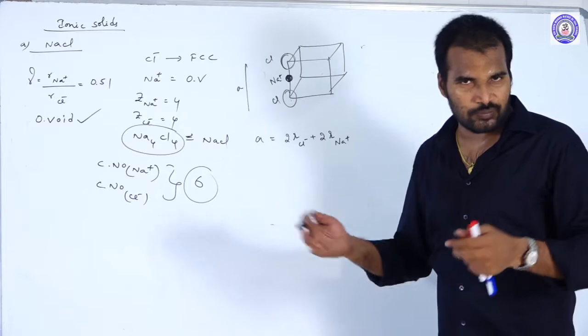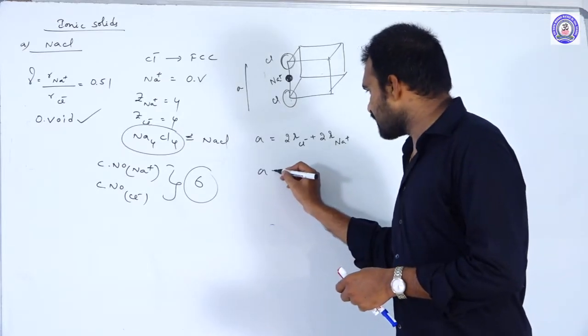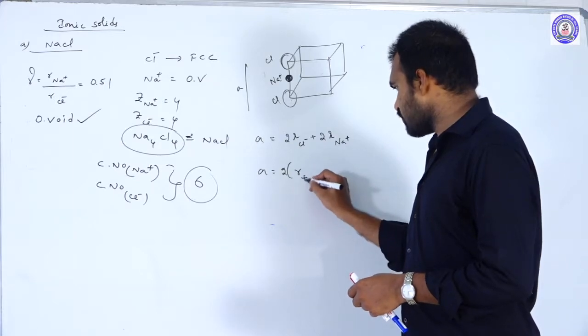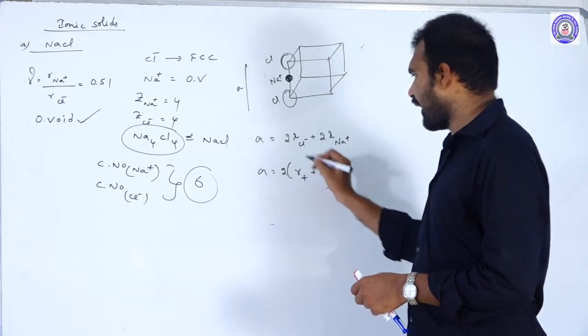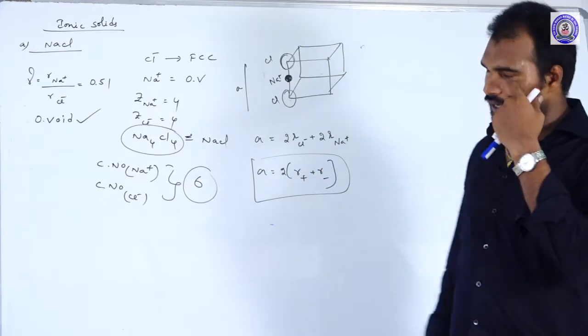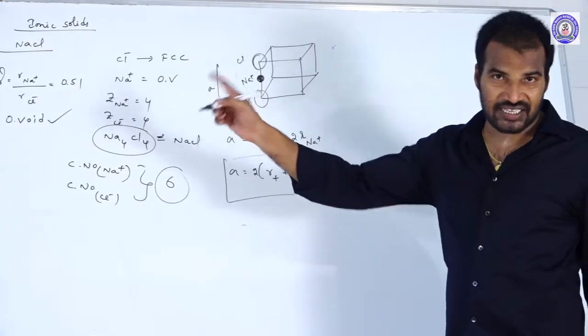So from this you can write: edge length a is equal to 2 times the radius of cation plus the radius of anion. So that is the relation between the radius of ions and the edge length in the NaCl crystal.